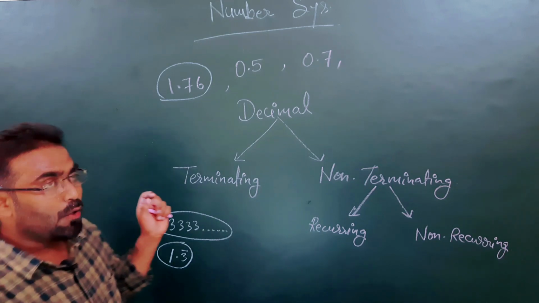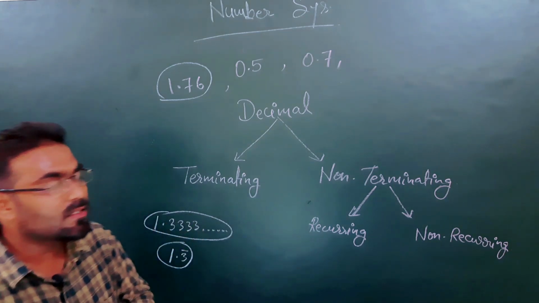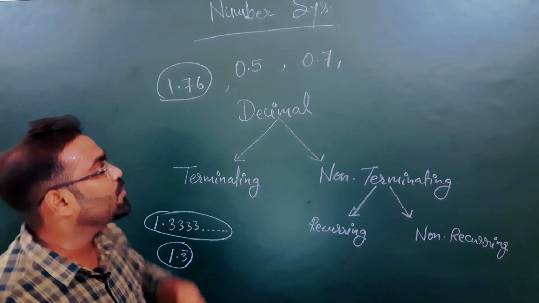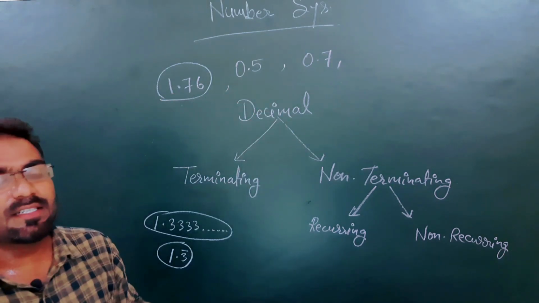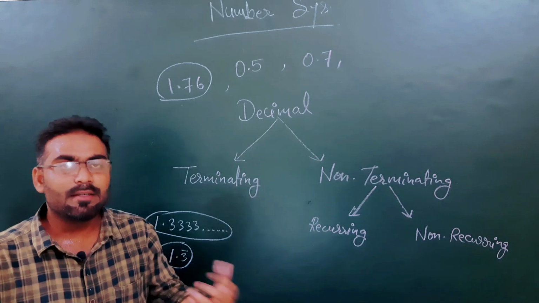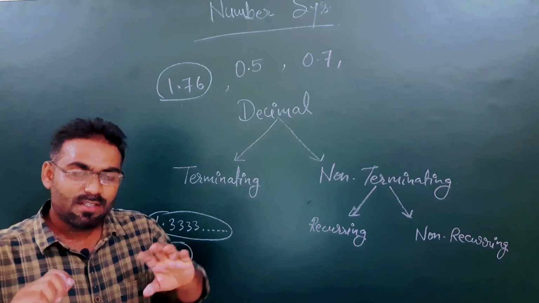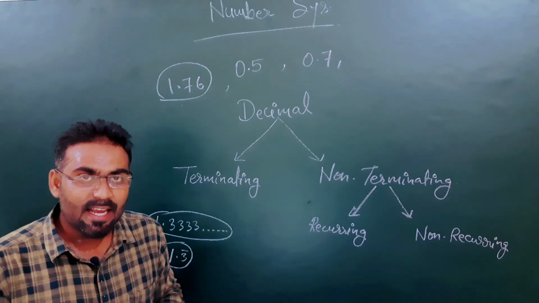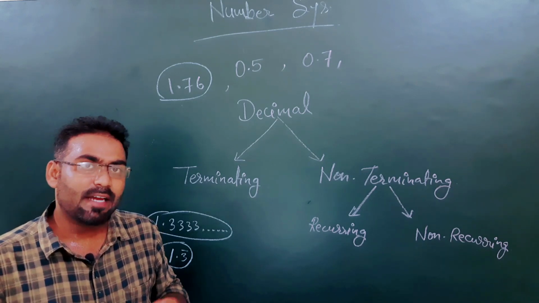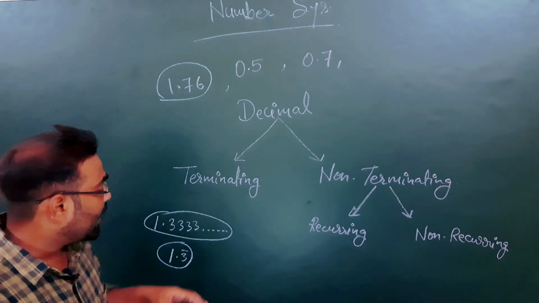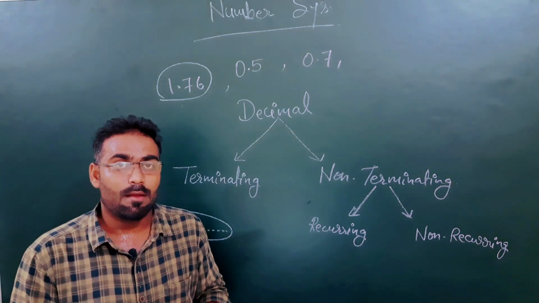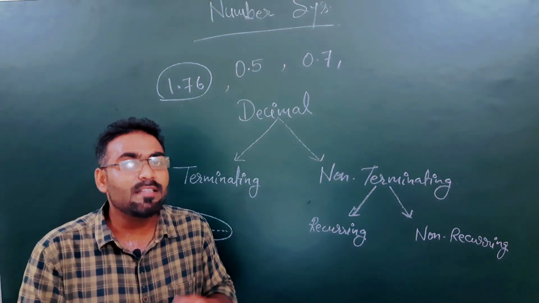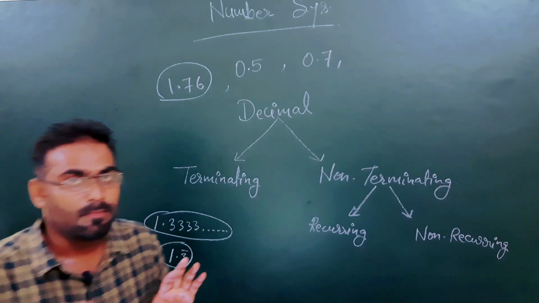Now you may think, sir, how come you wrote these numbers? Students, I wrote these numbers just randomly. You just think of any number that has a decimal, and that number would either be terminating or non-terminating.